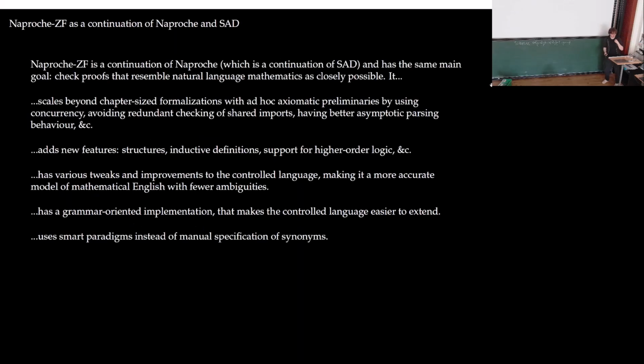Right, and to give you a brief outlook, a brief summary. Naproche-ZF is a continuation of Naproche, but it's a completely new implementation. And of course, Naproche is a continuation of SAD. The same ideas are carried through, but the main goal is to simply scale the system further.